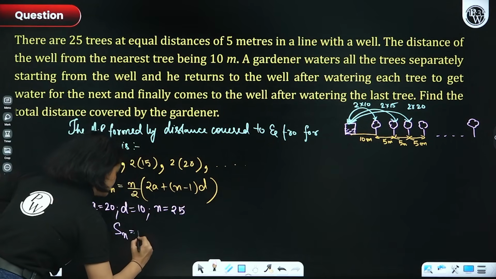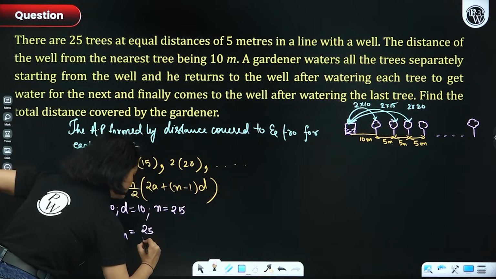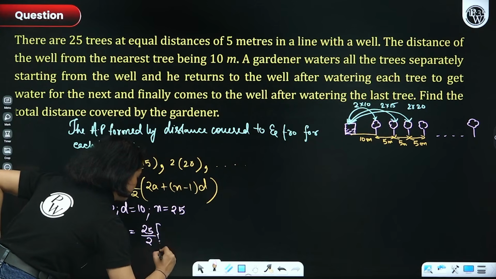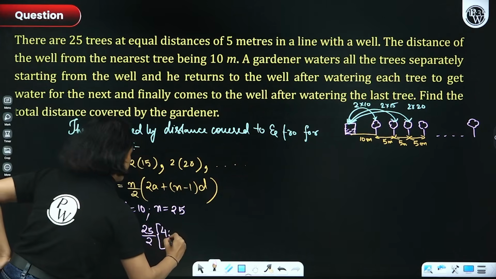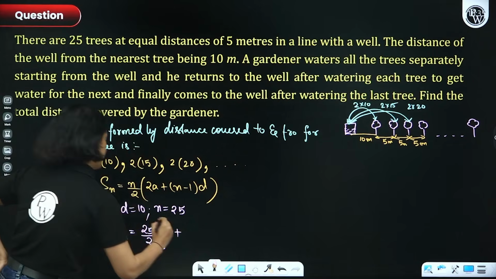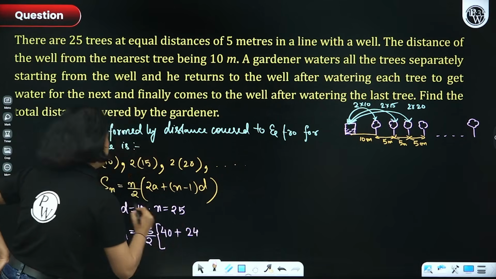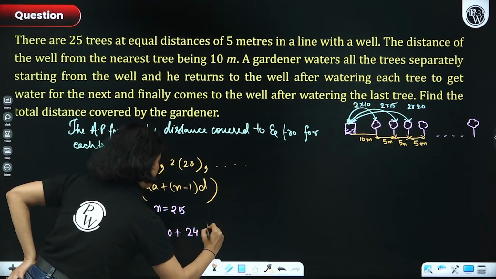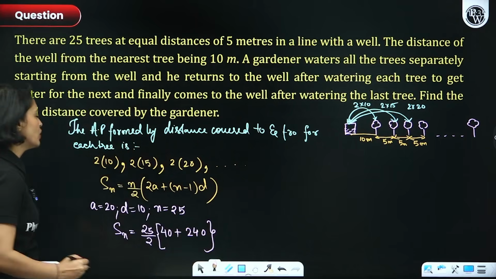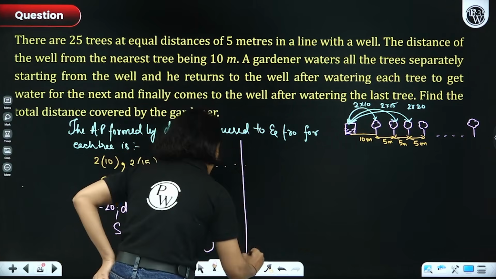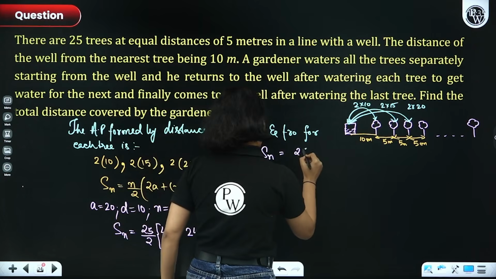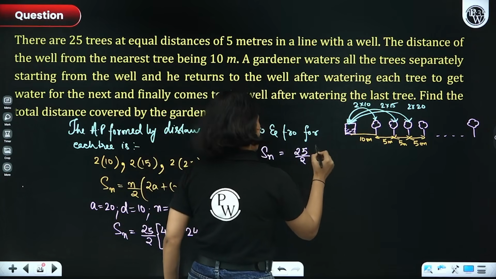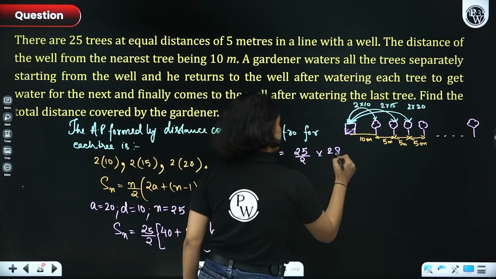So Sn is equals to 25 over 2. And here we have twice of a. So 40 plus n minus 1, that is 24, into d. d is 10. So 240. Okay? So what do we have everyone? We have Sn is equals to 25 over 2 into 280.